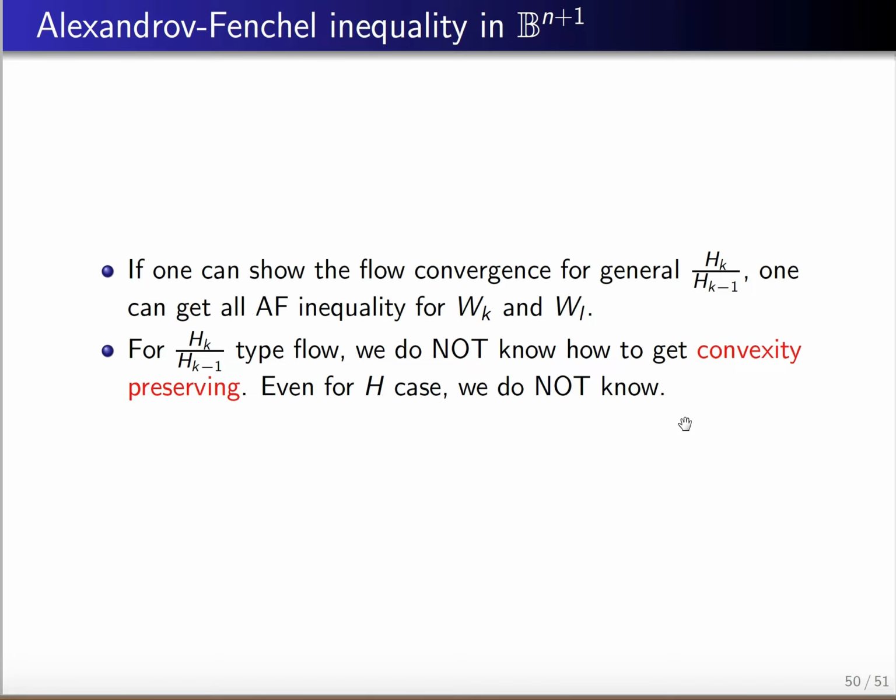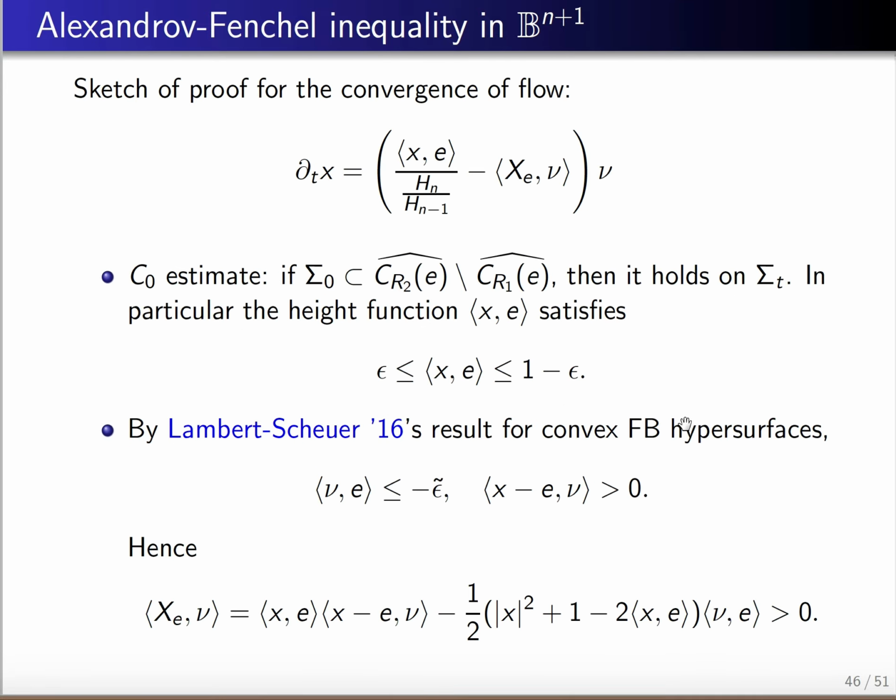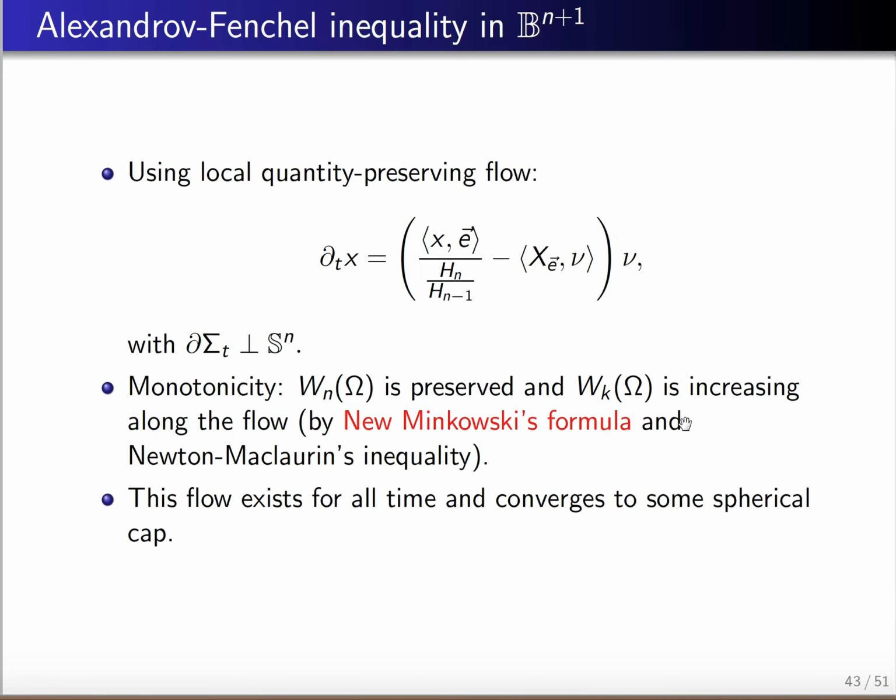So we can see that, in fact, we use the Minkowski-Hsiung formula to design this flow so that this flow satisfies the monotonicity, that one quermassintegral is preserved and the other quermassintegral is increasing or non-decreasing. Okay. Yeah, this is why we design this flow.